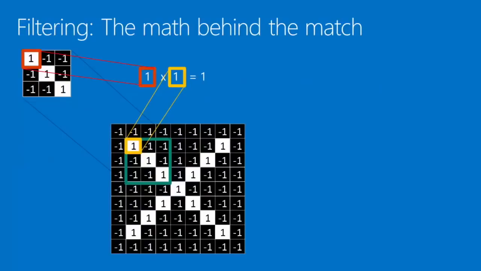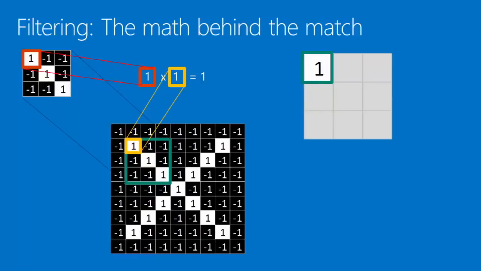So to step through this, to see why it makes sense to do this, you can see starting in the upper left-hand pixel in both the feature and the image patch, multiplying a 1 by a 1 gives you a 1. And we can keep track of that by putting that in the position of the pixel that we're comparing.